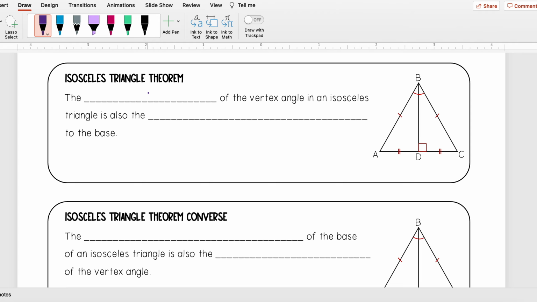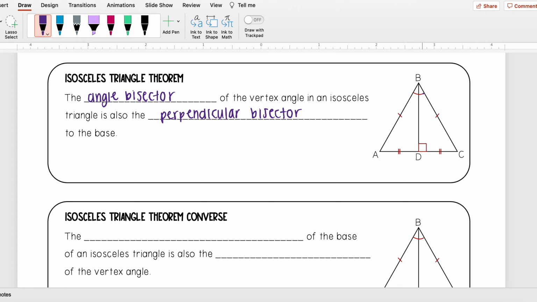One theorem that we have is the Isosceles triangle theorem, and that says that the angle bisector of the vertex angle in the isosceles triangle is also the perpendicular bisector to the base.